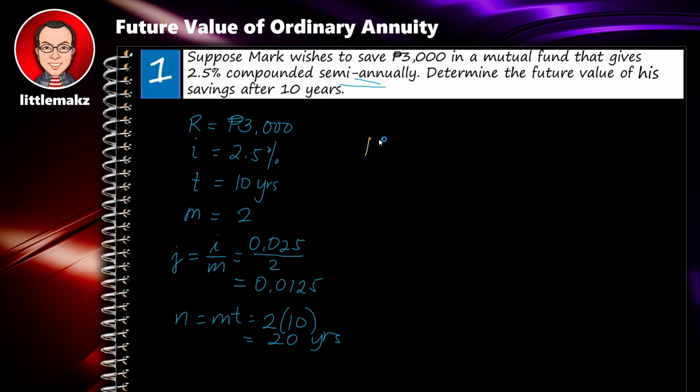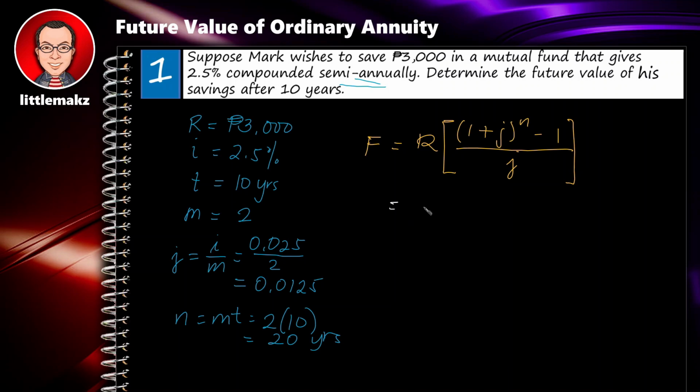Using the formula, F is equal to R times 1 plus J raised to the N minus 1 divided by J. So we try to substitute the given.